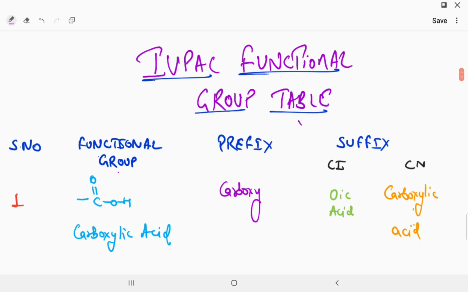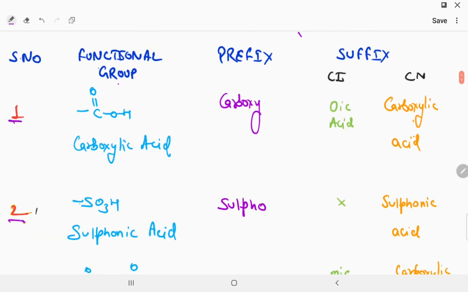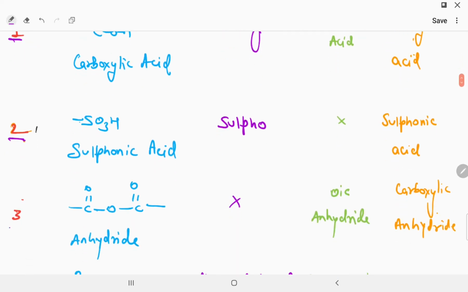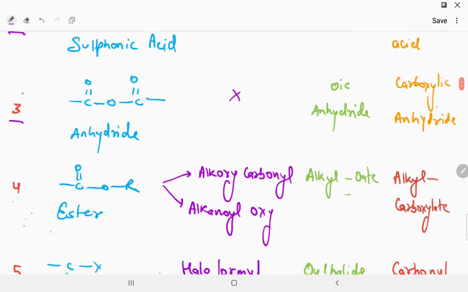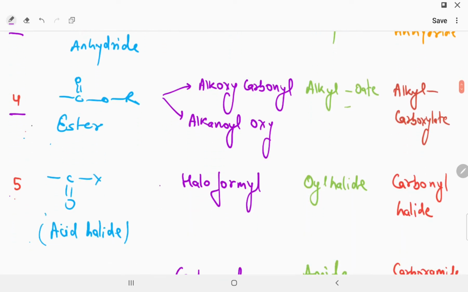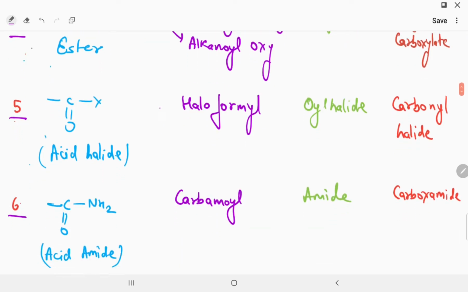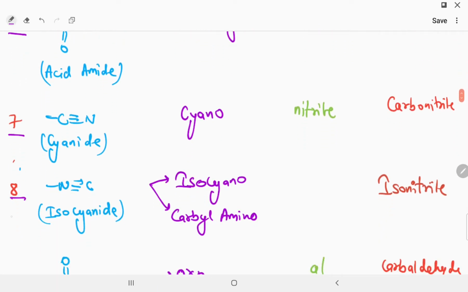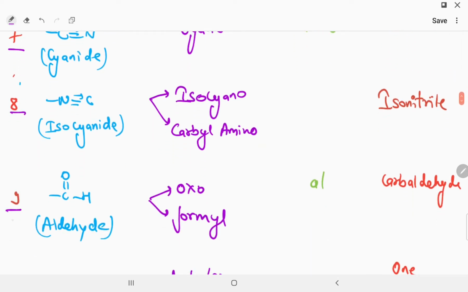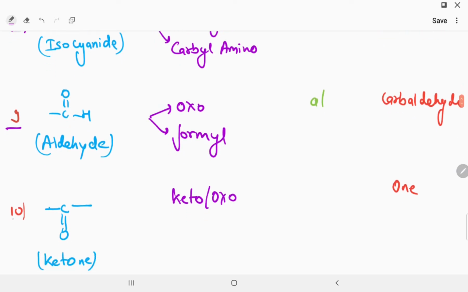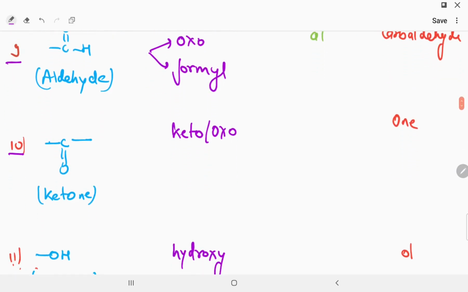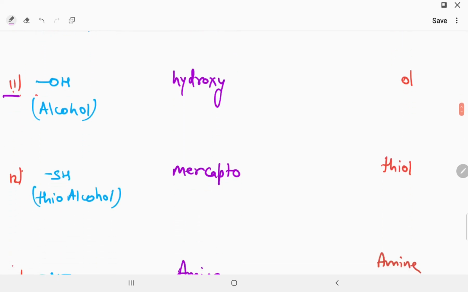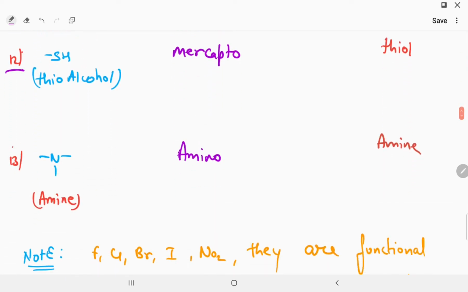First is carboxylic, then sulfonic, then anhydride, then ester, then acid halide, then acid amide, then cyanide, then isocyanide, then aldehyde, then ketone, then alcohol, then thioalcohol, then amine.